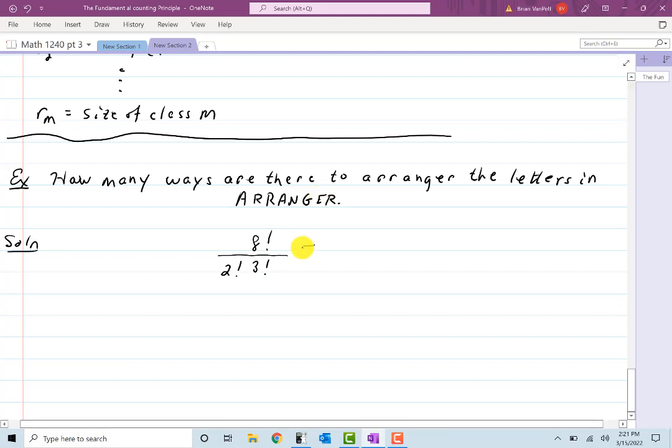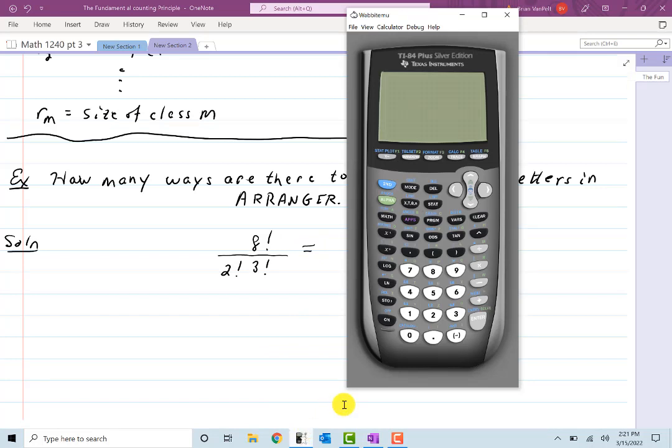So let's just go ahead and get these numbers then. The 8 factorial, I'm going to need my calculator's help because I do not know that off the top of my head. So you click 8 and then Math, PRB, number 4, enter. We get 40,320.